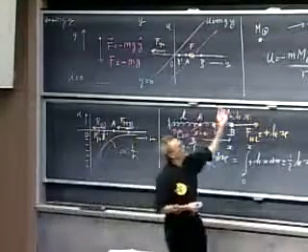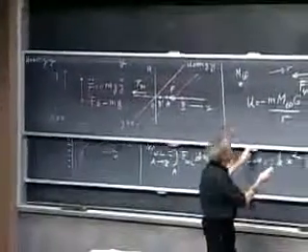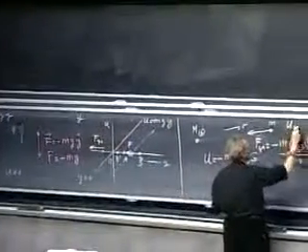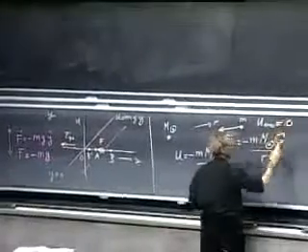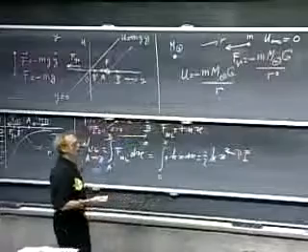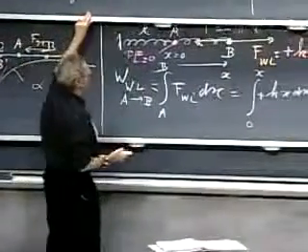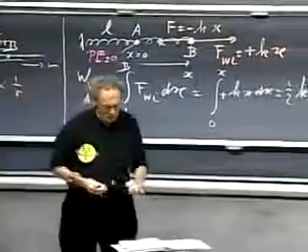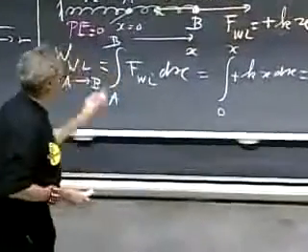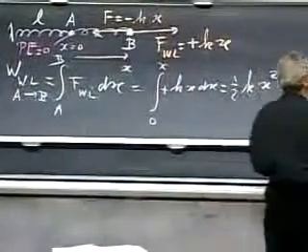In the case that we deal with very large distances, we do not have a choice anymore. We define it in such a way that the potential energy at infinity is 0. As a result of that, all potential energies are negative. And here, with the spring, you don't have a choice either. You choose at x equals 0, potential energy to be 0.